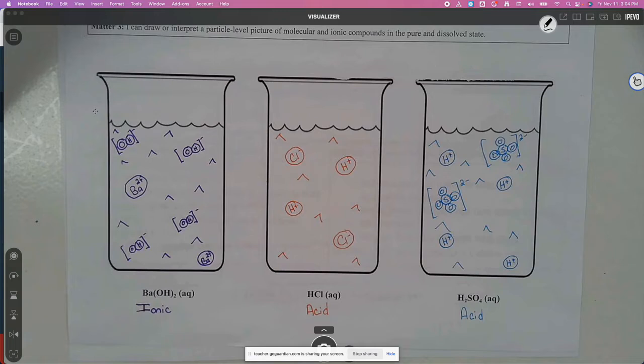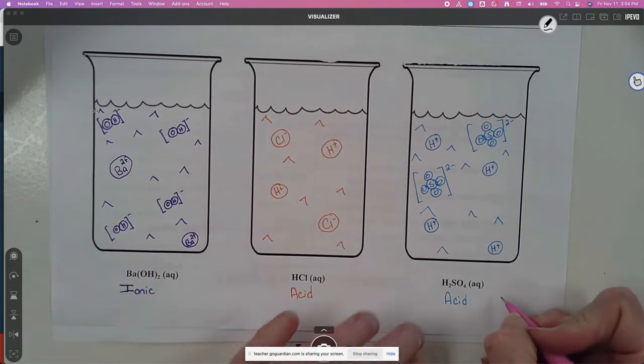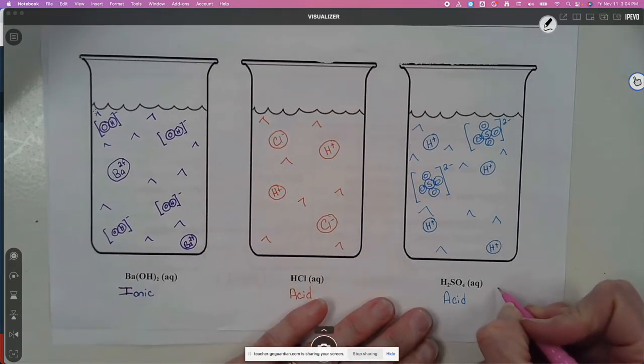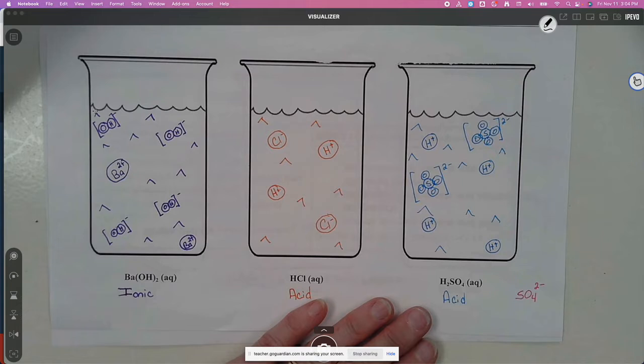And then with our H2SO4, we break it apart into 2 hydrogen ions and 2 sulfate ions. And probably the easiest way to think in terms of how do you know which ions that thing's going to break into is to think about what you'd have to do to get this chemical formula. Sulfuric acid is the acid that's made from the sulfate ion.